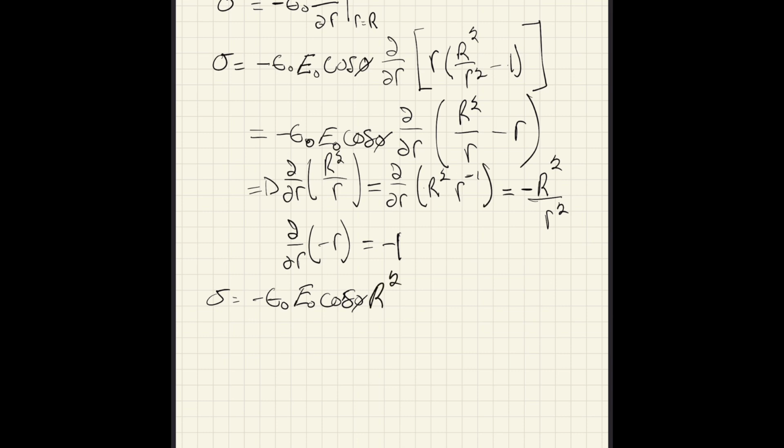And then the derivatives were -1 over r squared, -1, right? That's what that whole term would have evaluated to. I'm just trying to see if there's any other simplifications I need to do here.